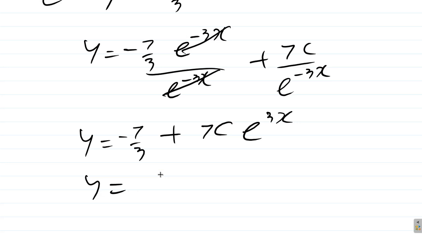So how can we rewrite this? Let's put the positive part in front. Call it d. D, a constant d, e to the 3x minus 7 over 3, right? Or, well, k is a more popular letter to use as a constant.